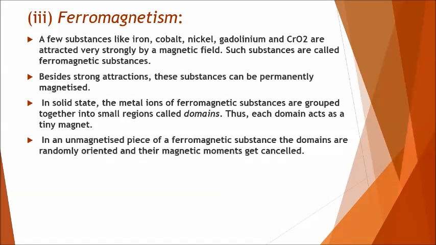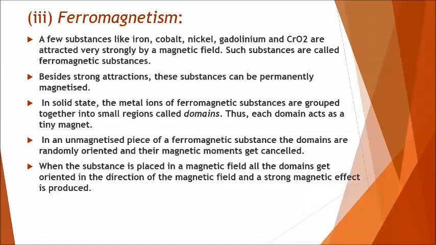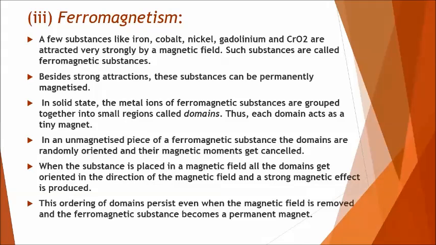In an unmagnetized piece of ferromagnetic substance, the domains are randomly oriented and their magnetic moments get cancelled. When the substance is placed in a magnetic field, all the domains get oriented in the direction of the magnetic field and a strong magnetic effect is produced.